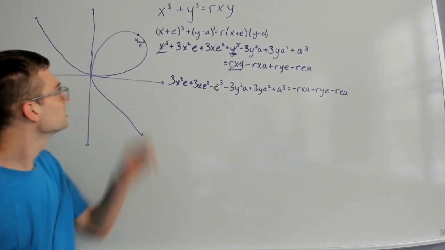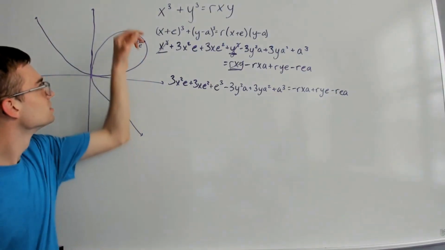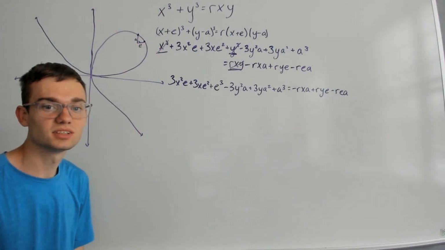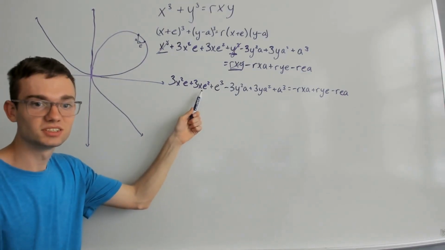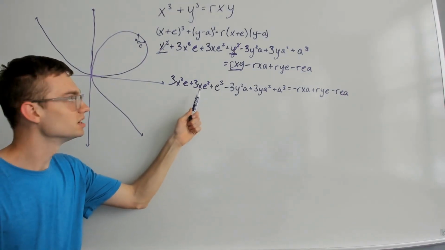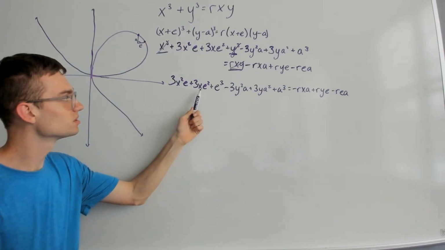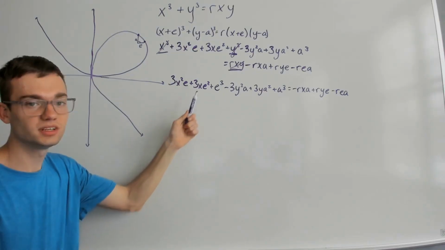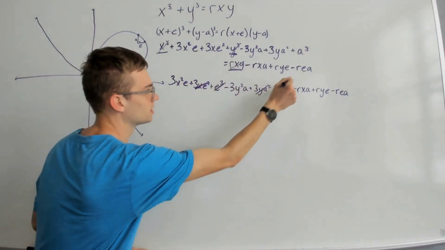Next, remember that a and e were the infinitely small distance between the 2 points. So, we have an e here, but this term has an e squared, so that's going to be infinitely smaller than this term here. So every term with a higher power than 1 of e or a, we can also cancel right out.